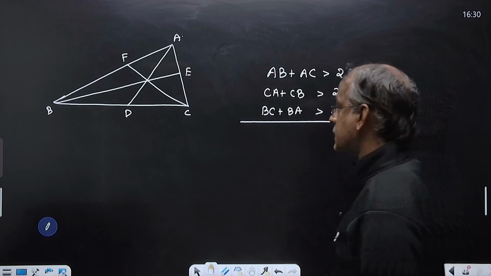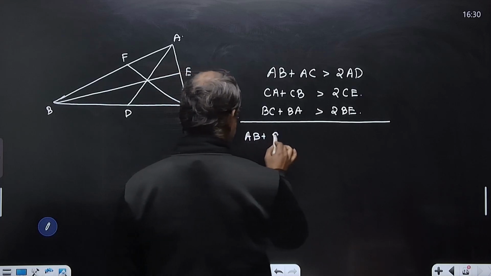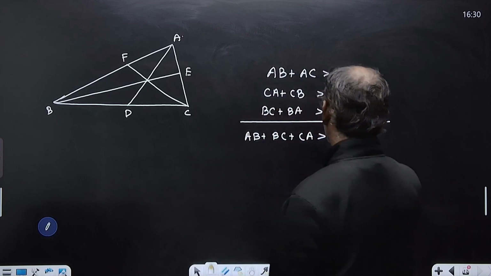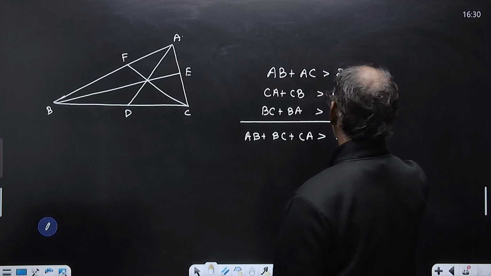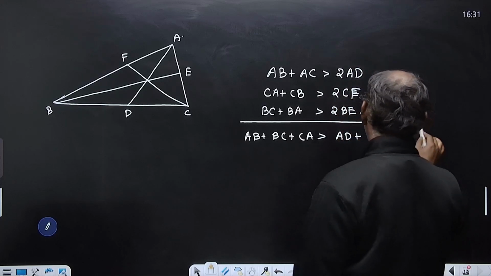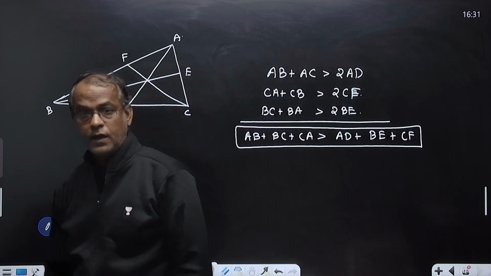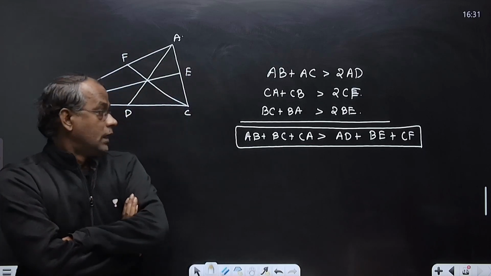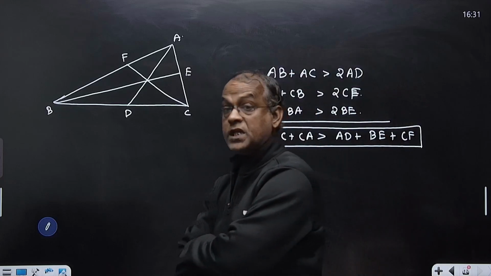So you can very easily see that the sum of the three sides of a triangle is greater than the sum of the medians. These are very elementary things. We will come up with better inequalities. This is a very raw inequality that we have come up with. Sum of any three sides of a triangle is greater than the sum of the medians of the triangle.